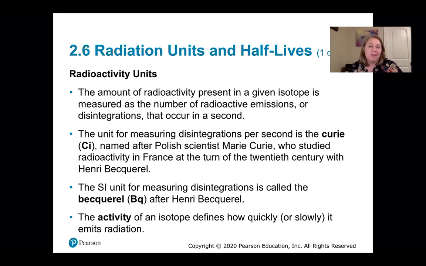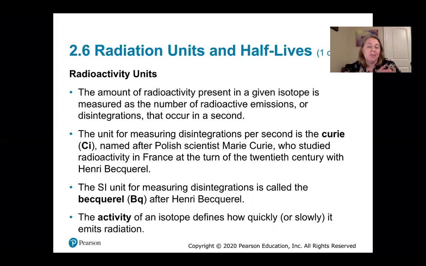The amount of radioactivity present in any given isotope is counted as the number of emissions of those radioactive particles being emitted, or what they call disintegrations, that occur in a second. So how many particles are being given off per second?